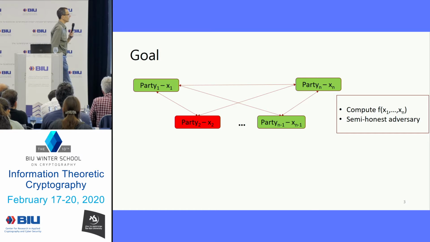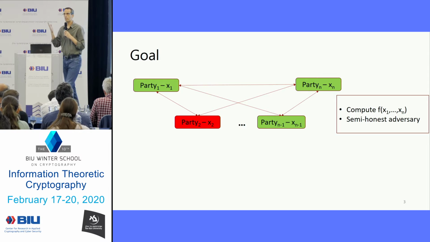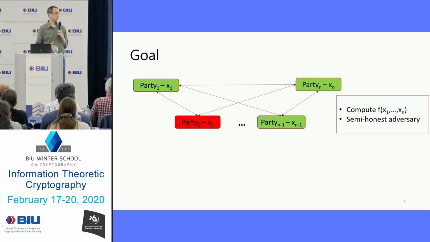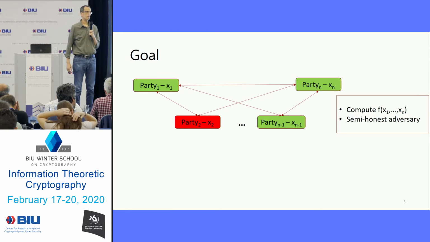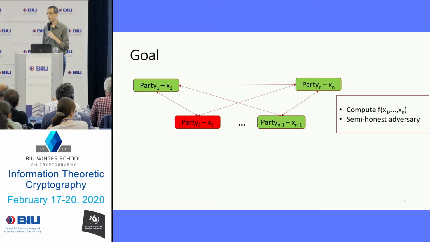So this function f, and we can think about different forms of adversaries. Suppose we have a semi-honest adversary. You've heard several talks about great protocols for that setting.